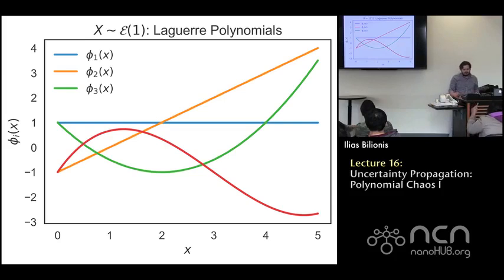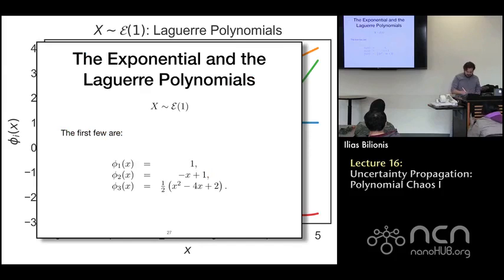P of X is C times phi, the linear combination of C and phi. Is the probability density C times phi? The linear combination of C and phi should give me e to the minus x.